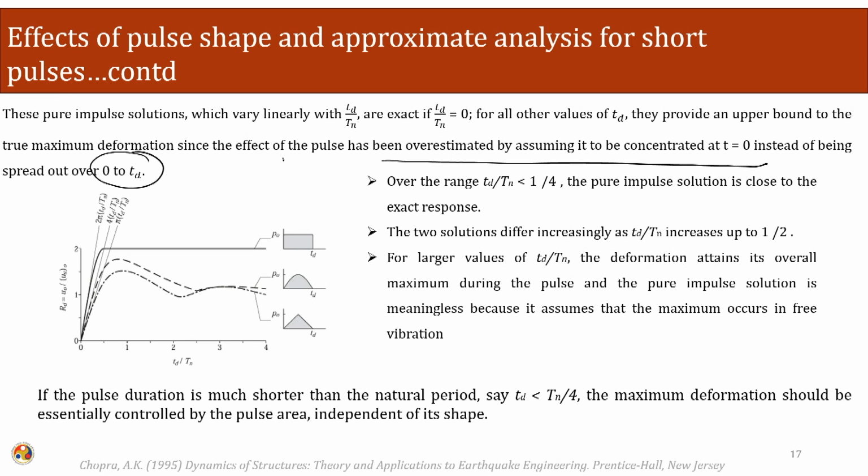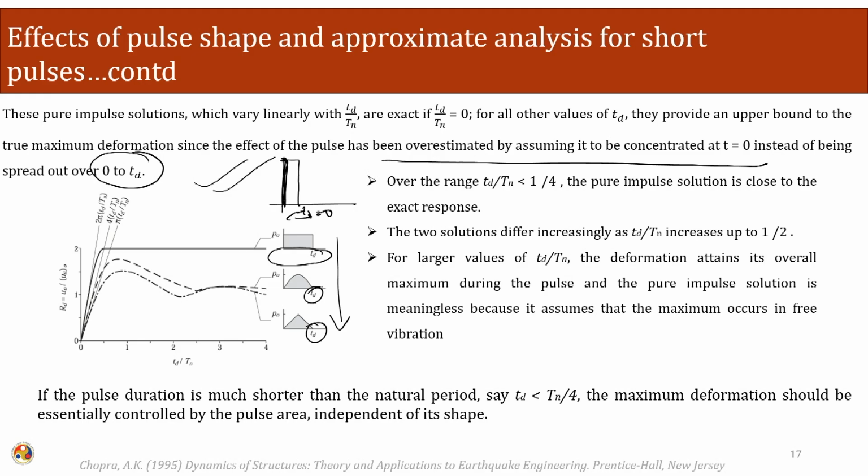It means that here all the loading is spread over Td, but what we have assumed is that Td is approaching 0, so this has been represented by an impulse loading.